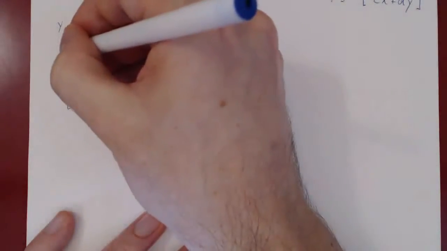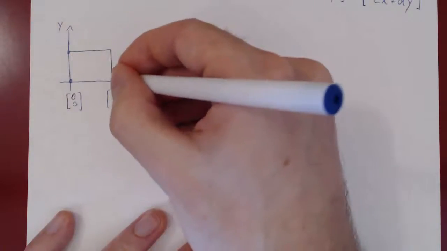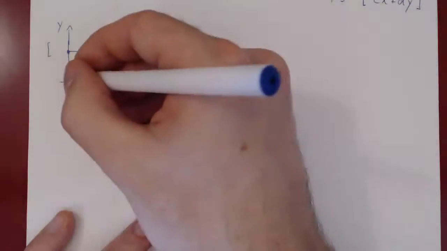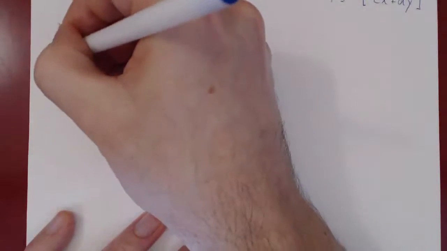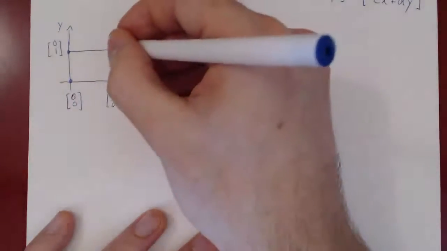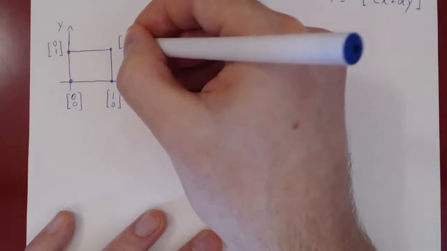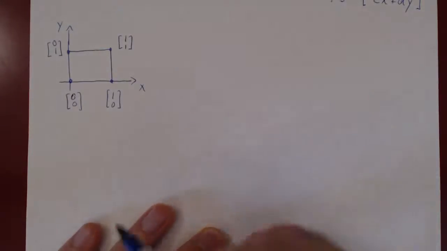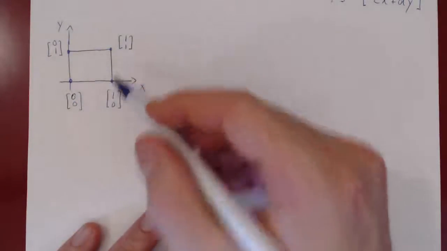This one is the point, let me just make these a little bolder. This one is the point x equals 0, y equals 1. And our fourth and final vertex is the point x equals 1, y equals 1. So the question would be now, what if we multiply every point inside the unit square by the matrix A?